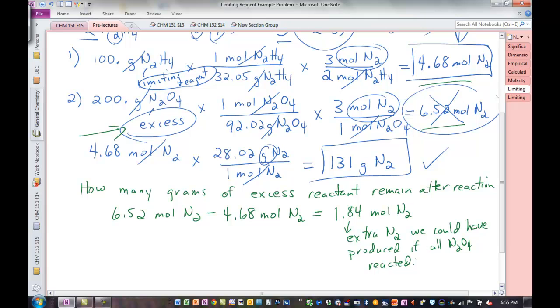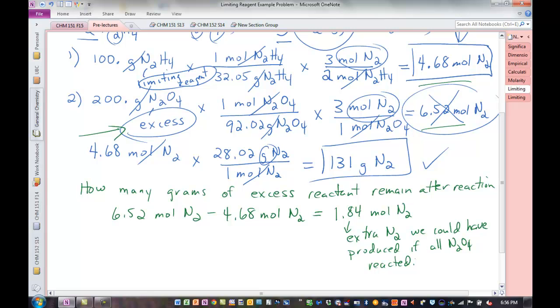Okay? We're never going to get that extra N2 because N2H4, the limiting reagent, ran out, reaction stops. But let's, in some magical world, say the N2O4 kept reacting somehow. How much more N2 could we get? That's how much more we could get, 1.84 moles.